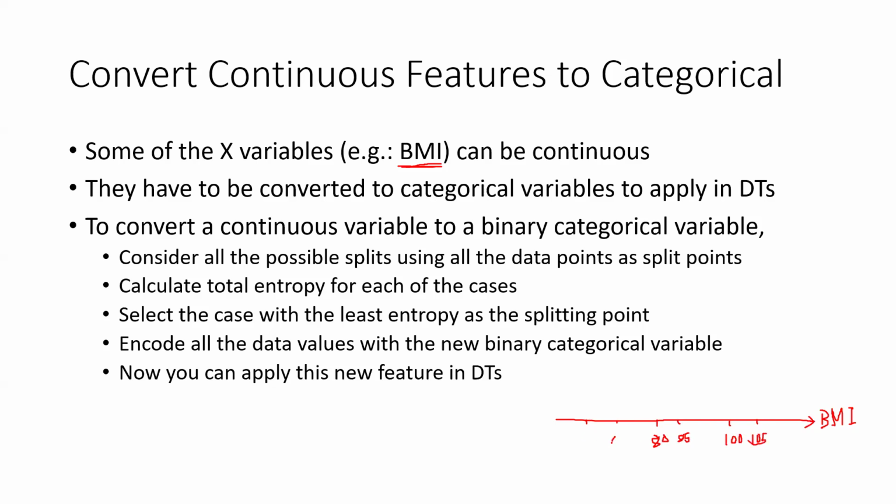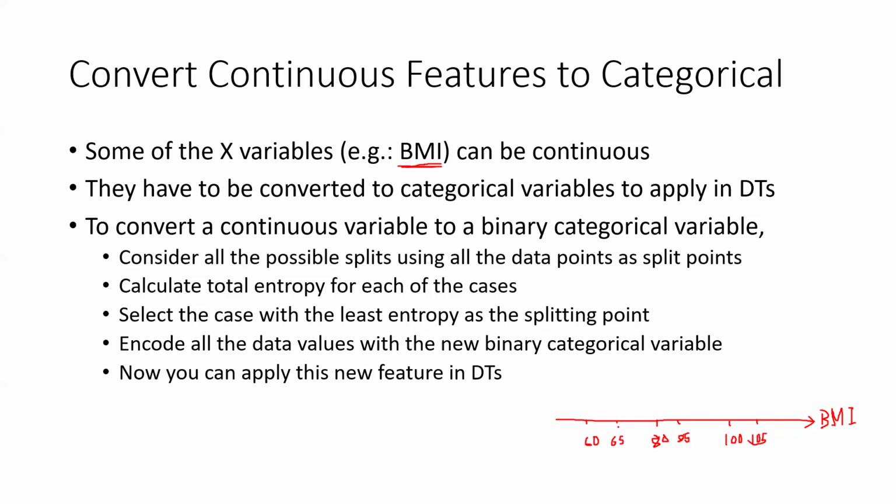This is maybe 65, 60, and so on. Suppose these are the values that we have in our data set, right? What we do is we take each of the data points and we try to classify, right? When you take this one, there are no values lower than 60 before it, so we don't take this one.